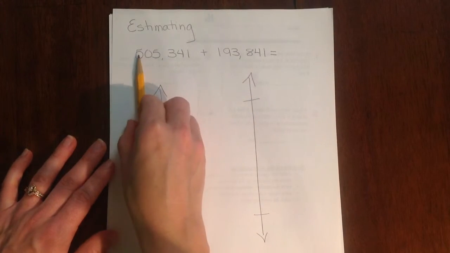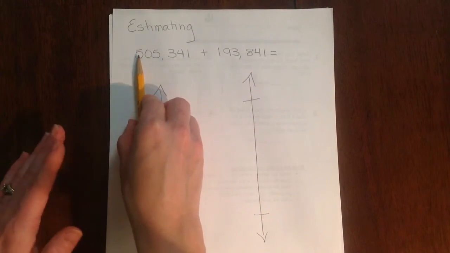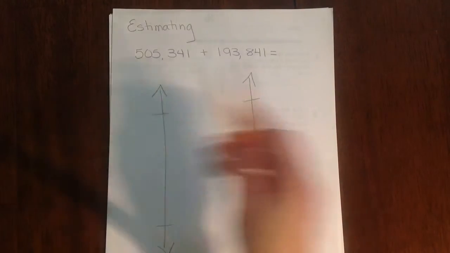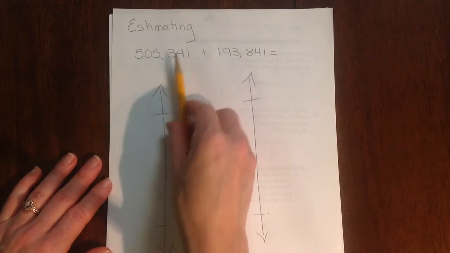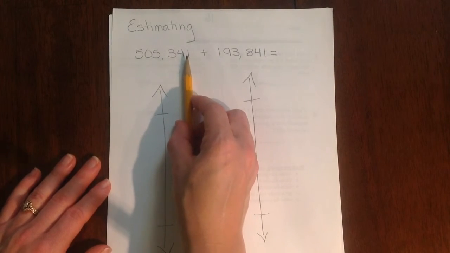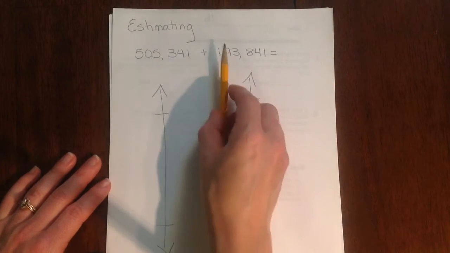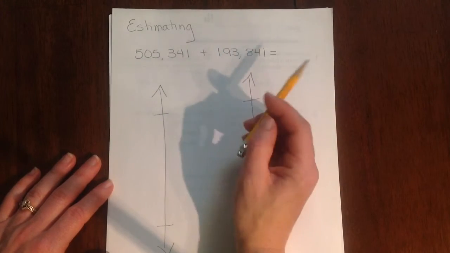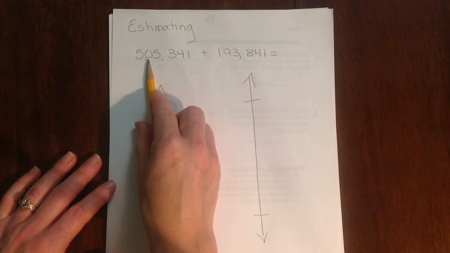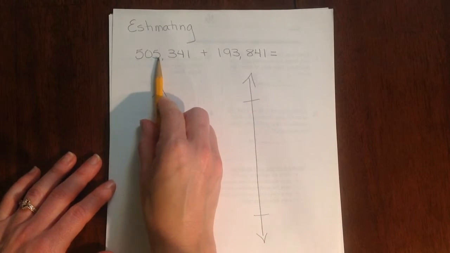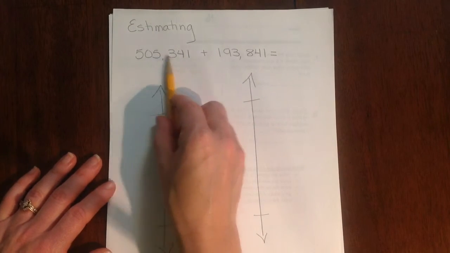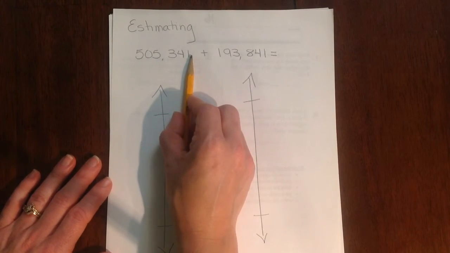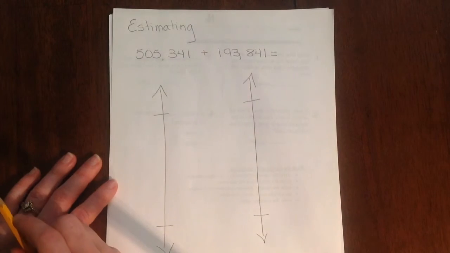When you round to the largest place, you're going to have a much bigger difference, usually, of what it would actually be. If you round to the ones place, well, that's really easy because you're just adding those two up. So we can round to the 100,000s because we're just practicing our rounding, but you could also round to the 10,000s to make it more accurate, the thousands to make it even more accurate, hundreds even more accurate, 10s even more accurate, and 1s, that's the most accurate because you're just adding those up.